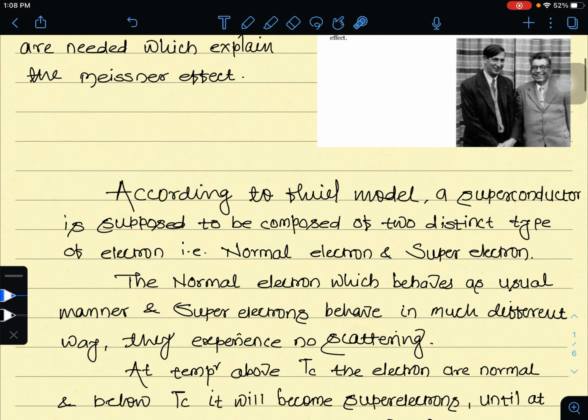Now let us start. We know very well about the fluid model. In that model, the superconductor is supposed to be composed of two distinct types. The London brothers introduced two kinds of electrons.